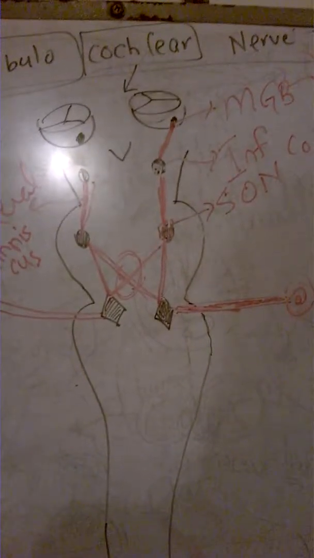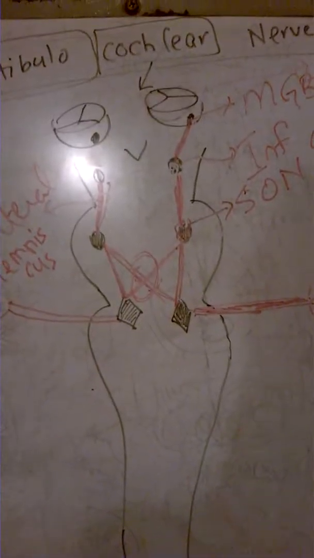So let's say we lesion the nerve at more than one place. What will happen if we lesion it at particular places? By the way, I'm viewing this from behind again, so this is the right cochlear nuclear complex and this is the left. Let's say I'm lesioning this nerve from here.